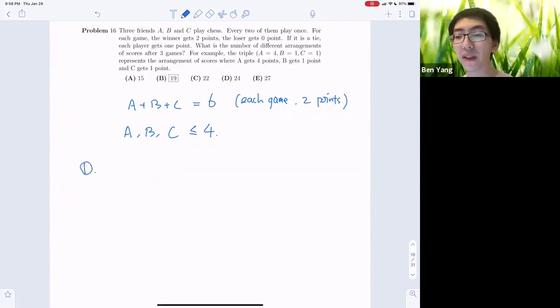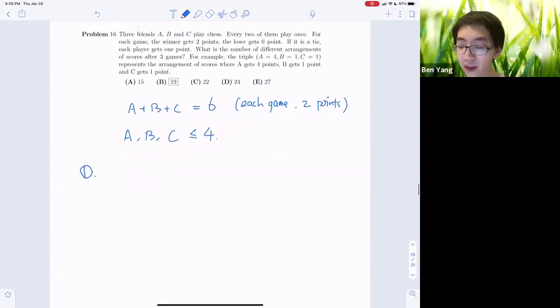We can do our casework based on the maximum of those 3 numbers, A, B, and C, the largest number there. So if the largest number is 4, then I guess there are maybe 2 cases. One is A, B, C, the 3 numbers are 4, 2, 0.